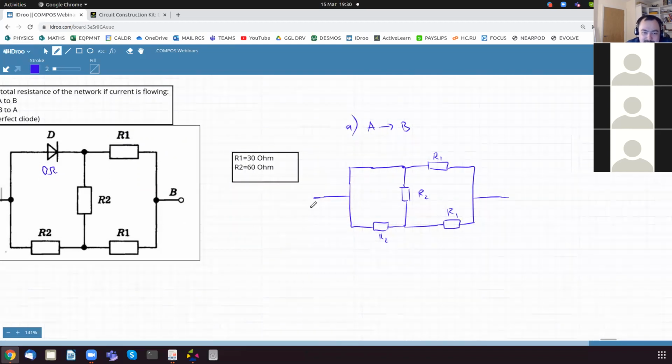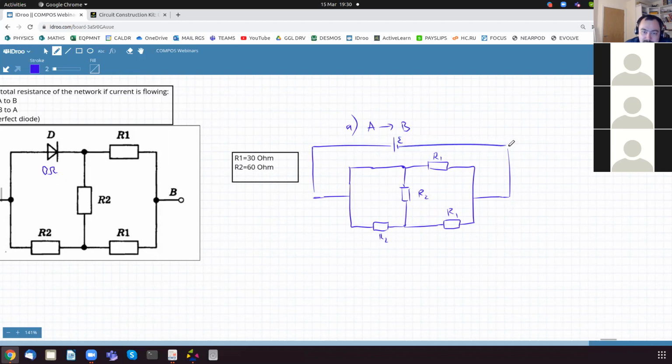So let's connect it like this. Let's connect it to a battery of EMF E. And because R2 is 60 ohms, I'm just gonna make my life a little bit easier.